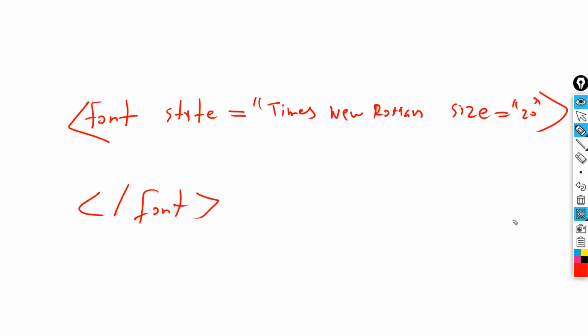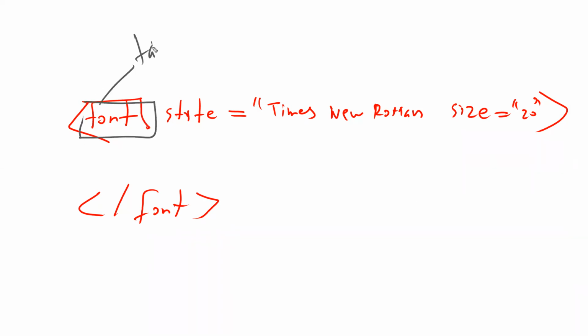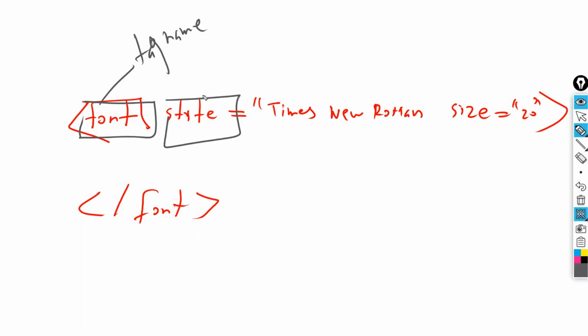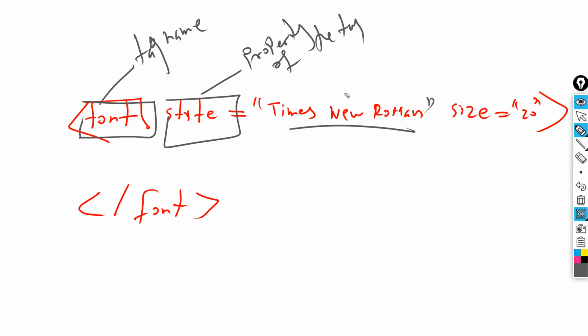This is how HTML is written. I am not going deep, but you should know the basic idea about these things. An HTML tag should have a tag name, the property of the tag, and the value of the tag.